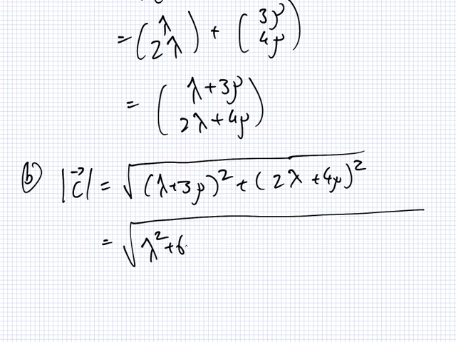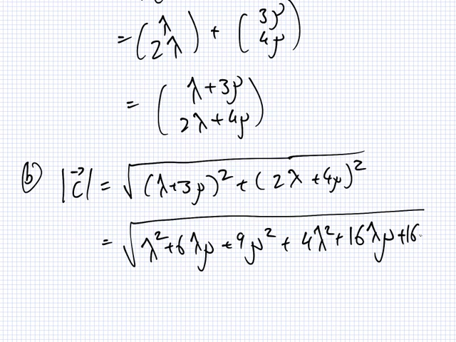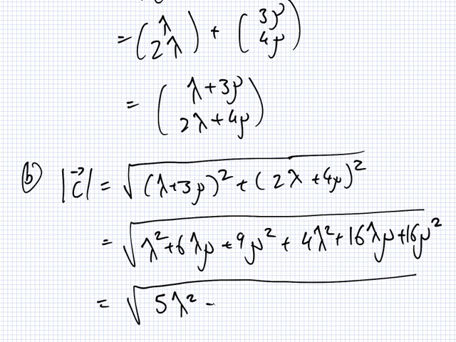Lambda squared plus 6 lambda mu plus 9 mu squared plus 4 lambda squared plus 16 lambda mu plus 16 mu squared, which is 5 lambda squared plus 22 lambda mu plus 25 mu squared.